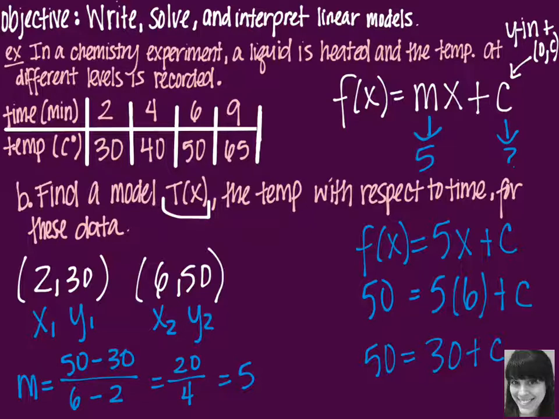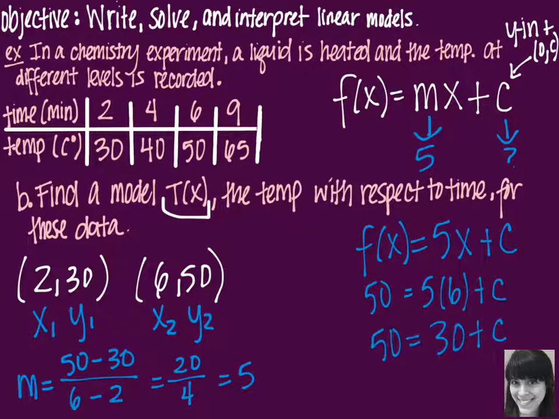So I want to get c by itself. That means I need to get rid of this 30. Now, I don't know if you guys use the same format that I'm doing, but the whole purpose of me writing down the next line is so that way I keep track of what I'm doing, and if I don't get the right answer, I can go back and look at my process and fix what I did wrong.